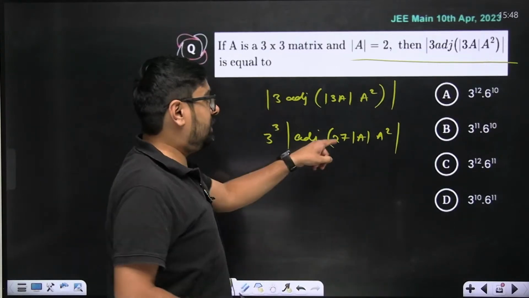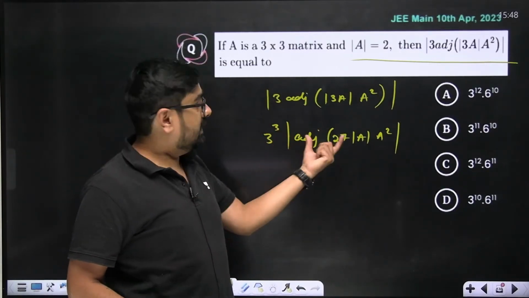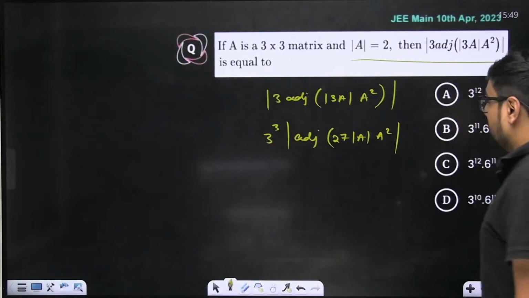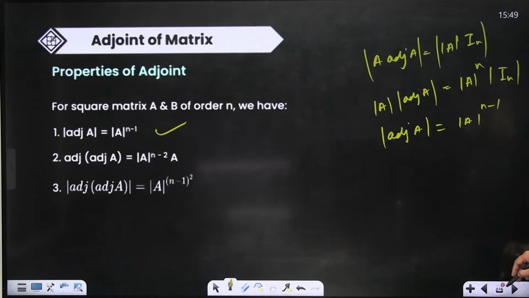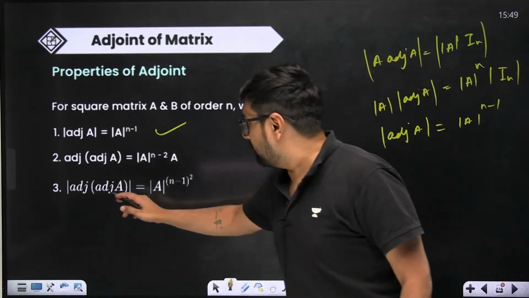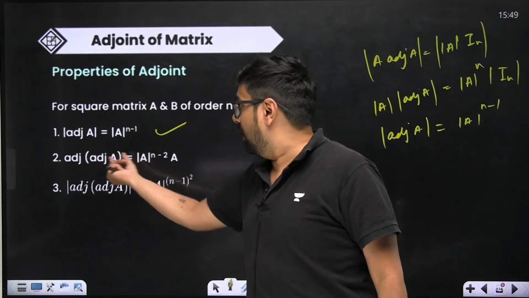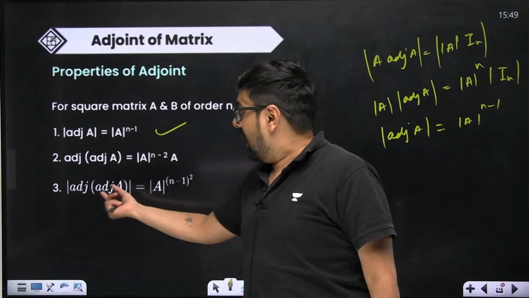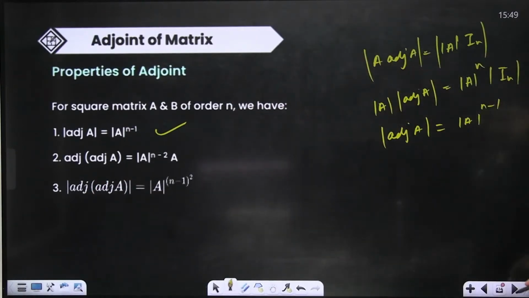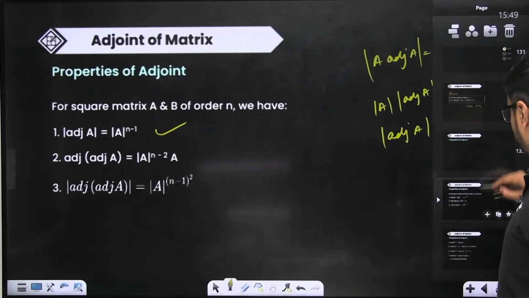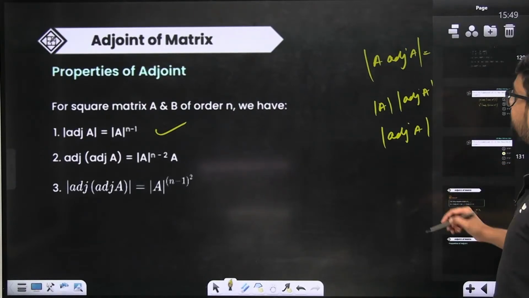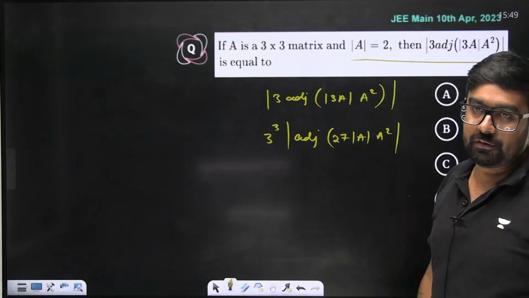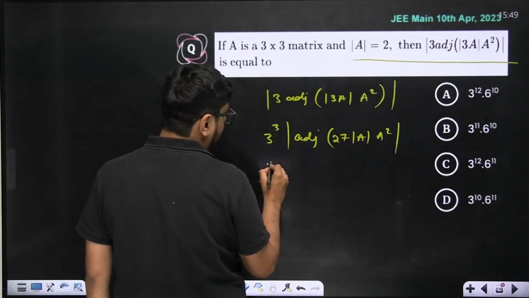Correct? Now this 27 wants to come out of the adjoint. We saw this rule, no? Adjoint of adjoint of A will be determinant of A to the power n minus 2 times A. Correct? And determinant of adjoint of A will be determinant of A to the power n minus 1. Now here you think, what should be our next step? Adjoint of this or determinant of adjoint of this, right? This will be 3 to the power 3.